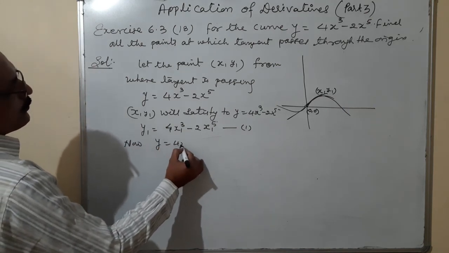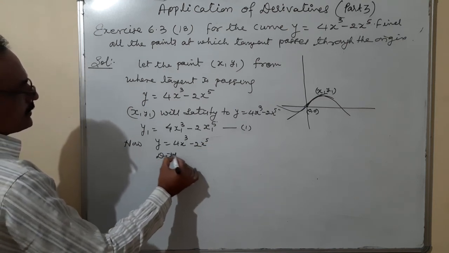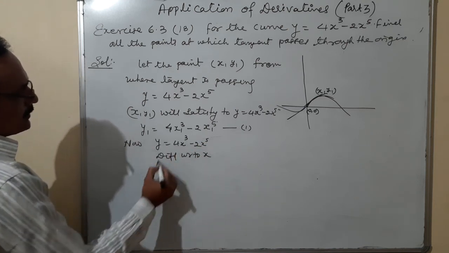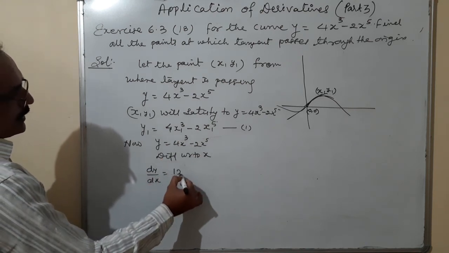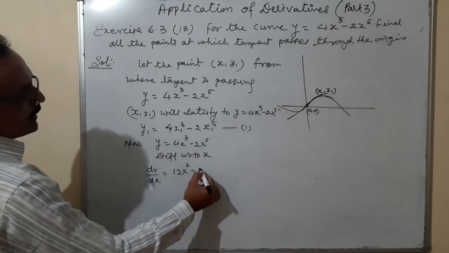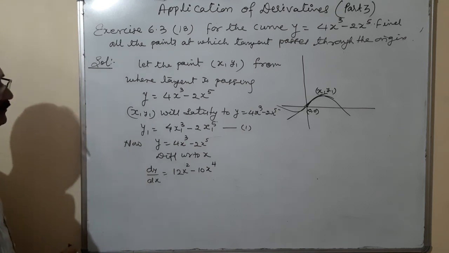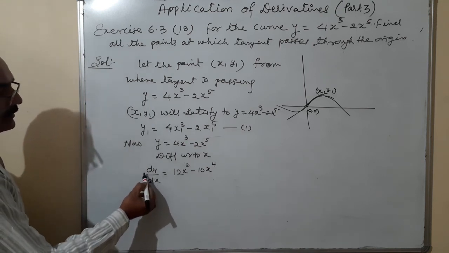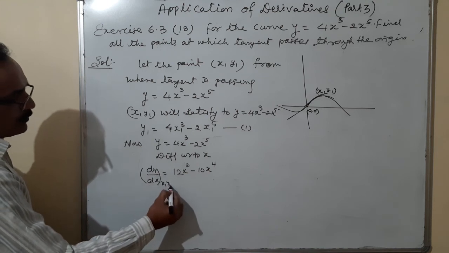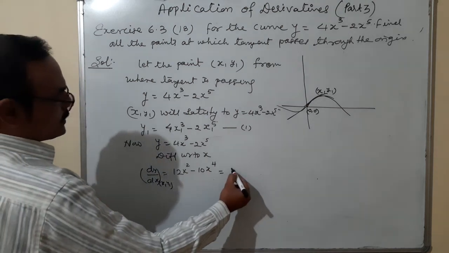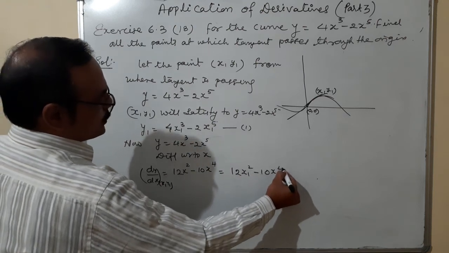Now y is equal to 4x cube minus 2x to the power 5. Differentiate with respect to x. dy by dx is equal to 12x square minus 10x to the power 4. Here the point I can take is x1, y1, so it is 12x1 square minus 10x1 to the power 4.